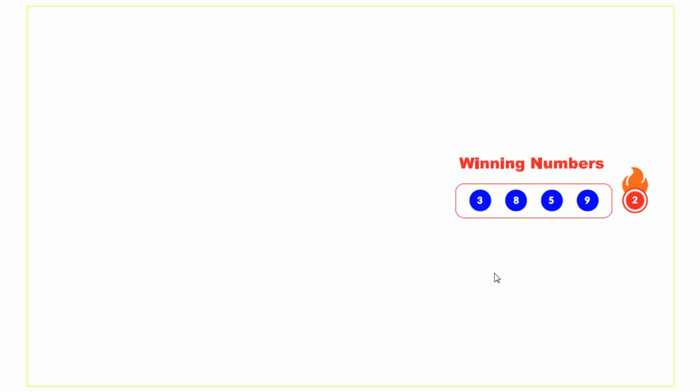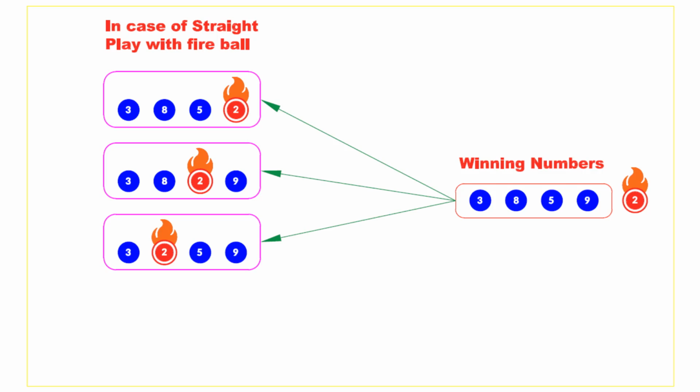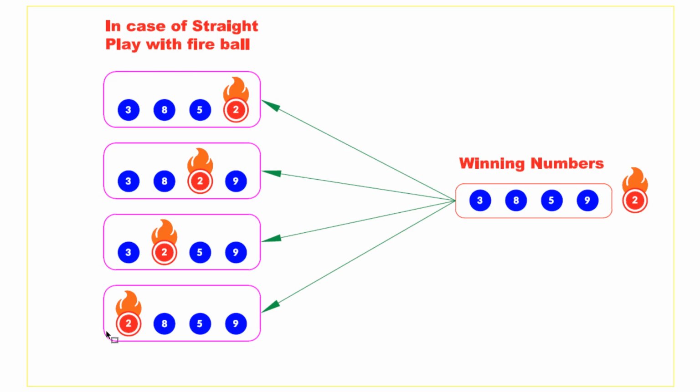Let us study the case of straight play with winning fireball. This fireball here can replace any of these winning numbers, and therefore we can produce more winning tickets. So we can replace 4 times and get 4 winning tickets. Each one results from replacing the winning number with the fireball here.